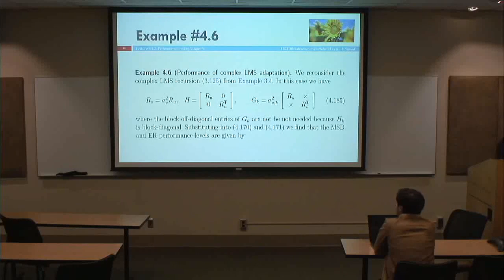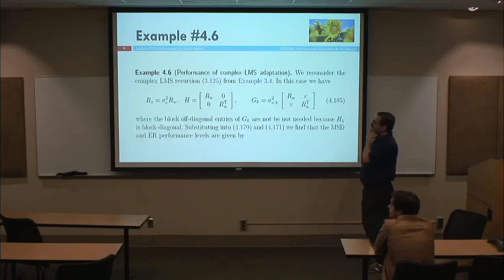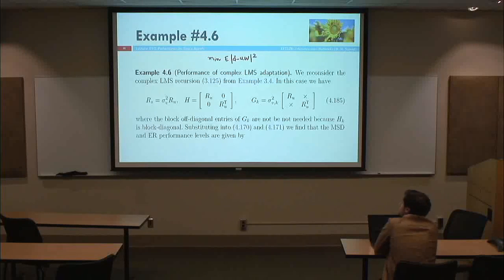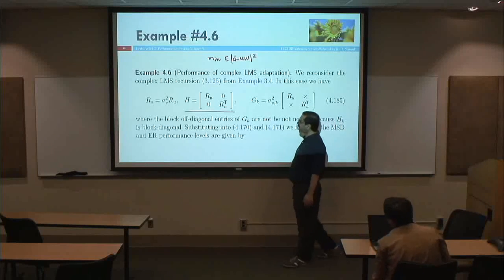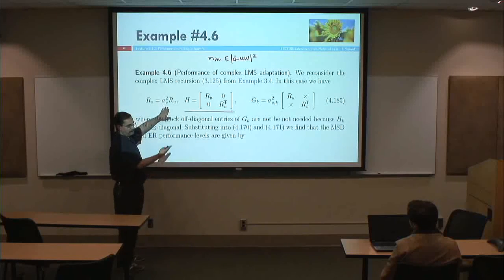Just to conclude, let me show you some quick examples. Let's take the case of complex mean square error estimation. So now I want to solve a problem like this: minimize the expected value of t minus u w squared. Okay, so what is the Hessian matrix in this case? Here it is, right? Block diagonal, R transpose. And what is R S in this case? It's easy, you just go back.